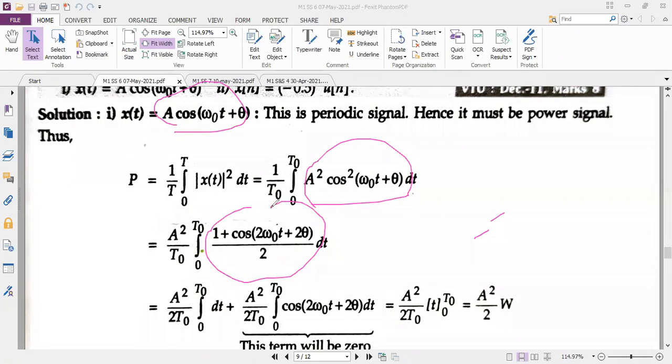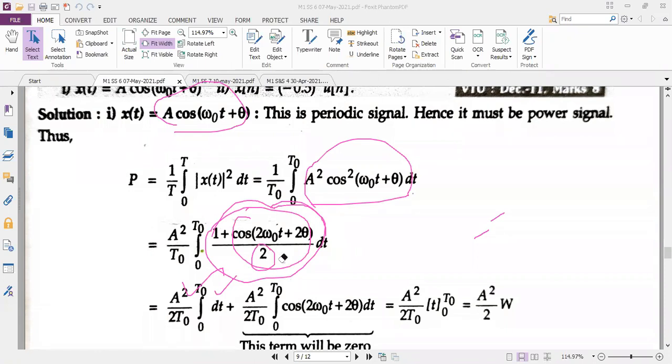And you have to split the limits. You have 1 by 2 into dt separately, and this 2 we are moving outside. All the constants we move outside, so A square is outside, the 1 by T naught is outside, 2 is also outside. When you multiply the first term with dt, you'll get just the integration of dt, and you have the second term, integration of cos with dt.